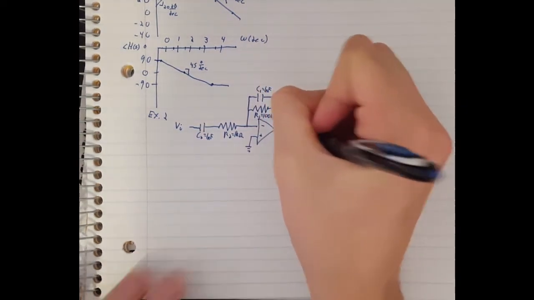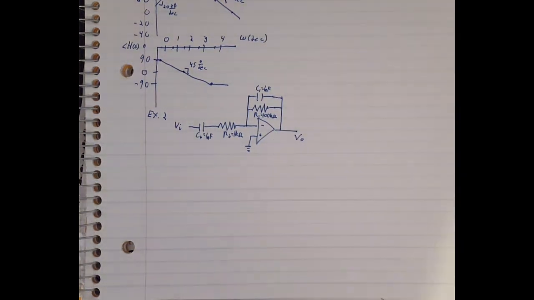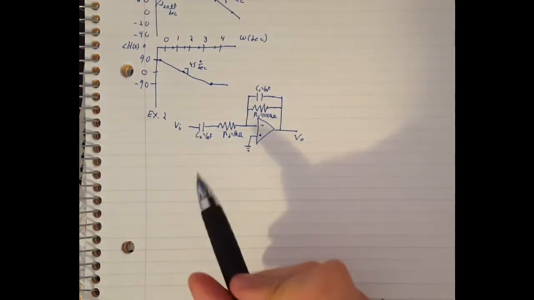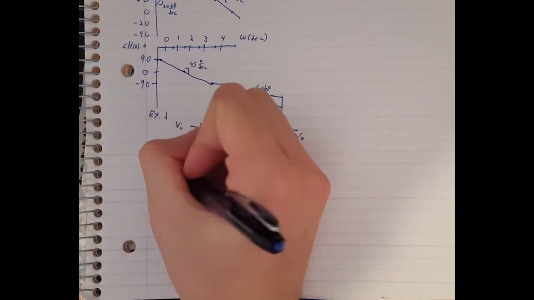This is just an inverting amplifier. And we're going to calculate V out over V in.